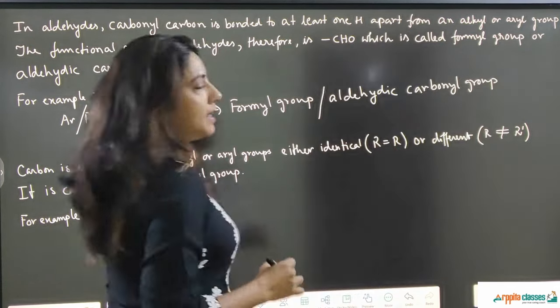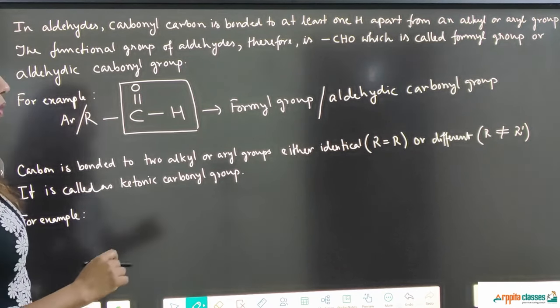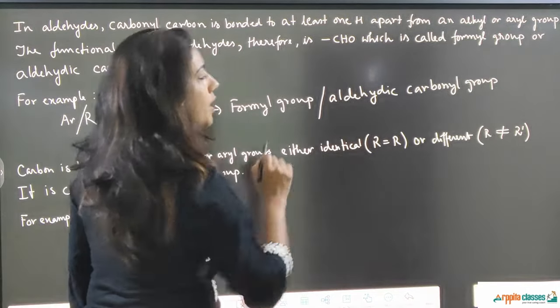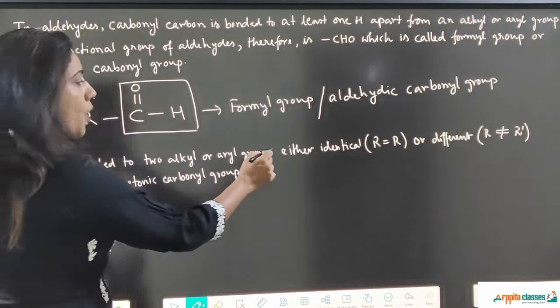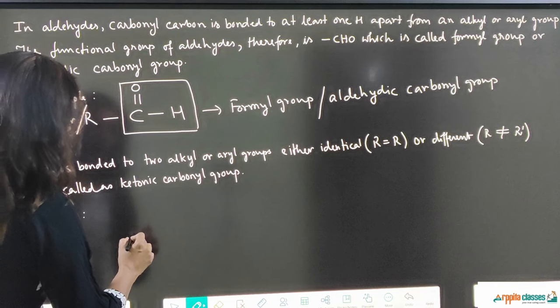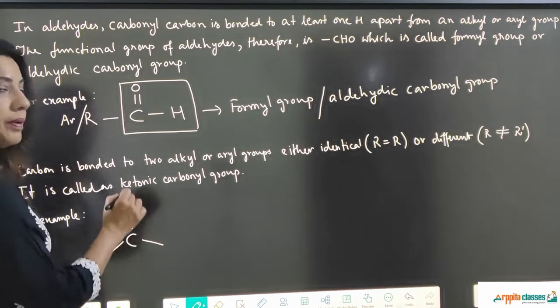Okay. On the other hand, if the carbonyl carbon is bonded to two alkyl or aryl groups, either identical or different, it is called ketonic carbonyl group. So this is your CO, this is a carbonyl group.